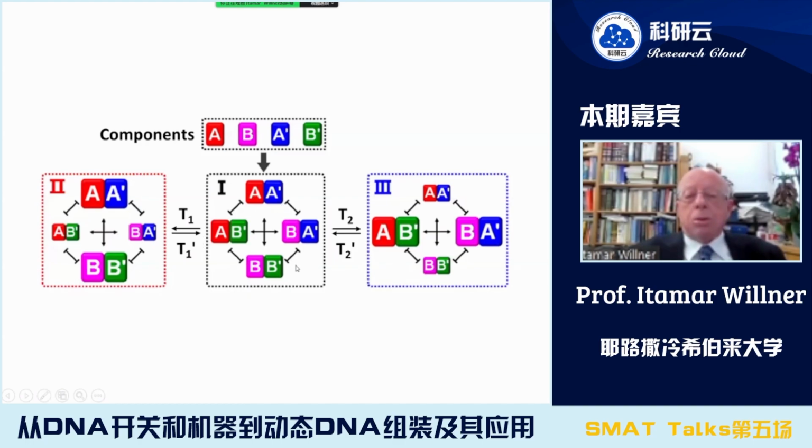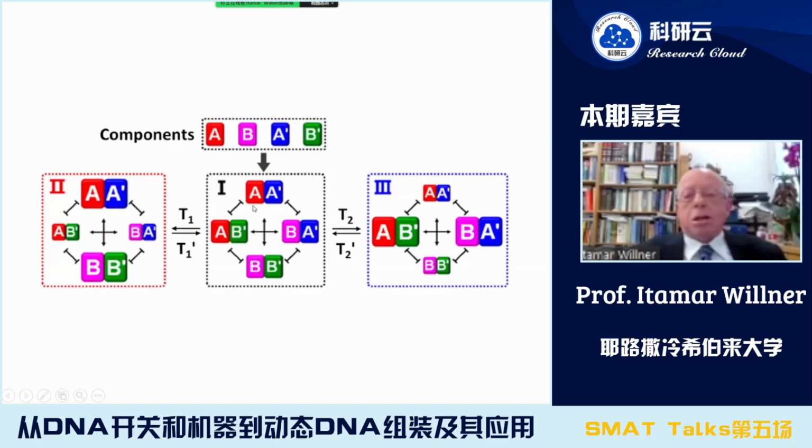We see here in the middle a network that consists of four constituents: AA', AB', BA', and BB'. These four constituents, each is composed of two components.